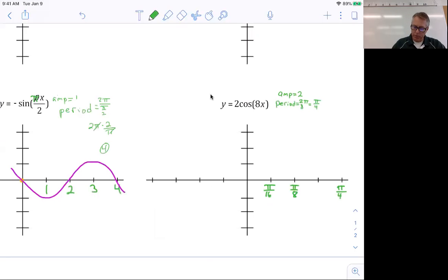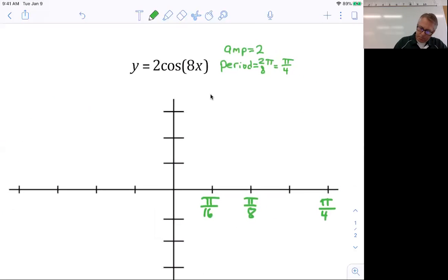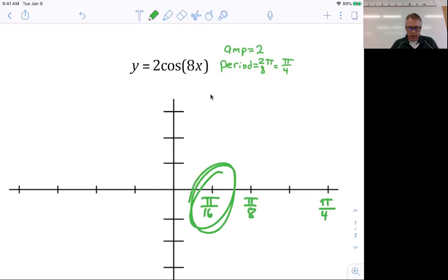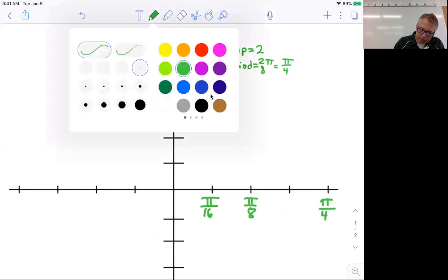Now, I had some of you say, hey, you knew how to do this, but had trouble getting that third one, and it's always the hardest. So if you can get to here, you're in really good shape. Once you get that pi over 16, that is your scale. So the first one, and I'm going to write these in a different color.